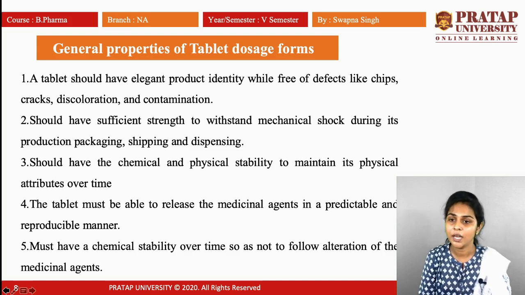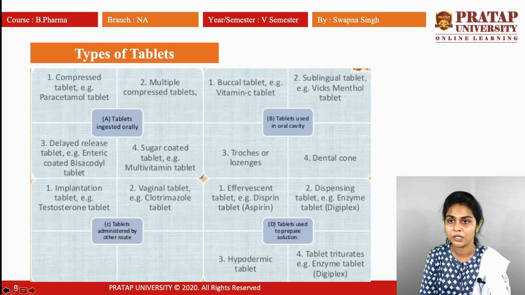Next, it should have the chemical and physical stability to maintain its physical attributes over time. The tablet must be able to release medicinal agents in a predictable and reproducible manner, and must have chemical stability over time so as not to allow alteration of the medicinal agent.